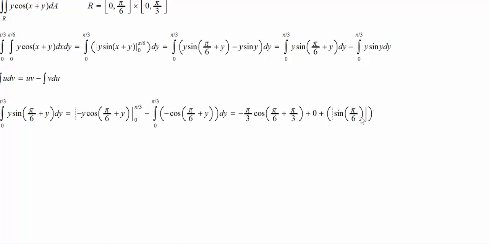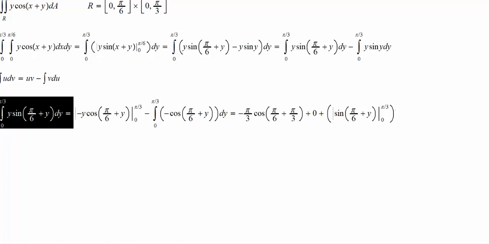My lower limit is 0, and the upper limit is how much? Pi over 6, right? Okay, no, sorry, pi over 3. So this value becomes how much then?